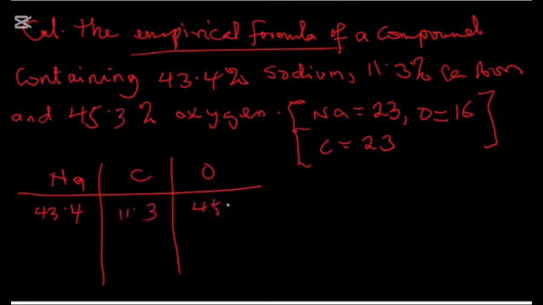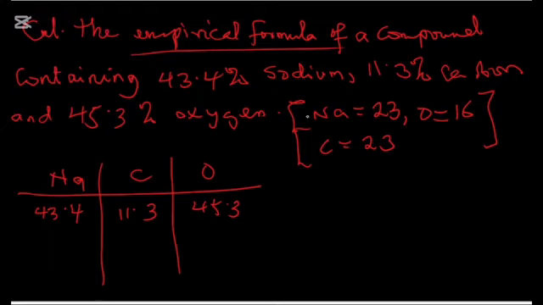45.3, I guess. So the first thing we do is to divide each of the percentages given, to convert them to mole. To convert to mole, we will do mass over molar mass. So we are dividing each of them by the atomic masses.